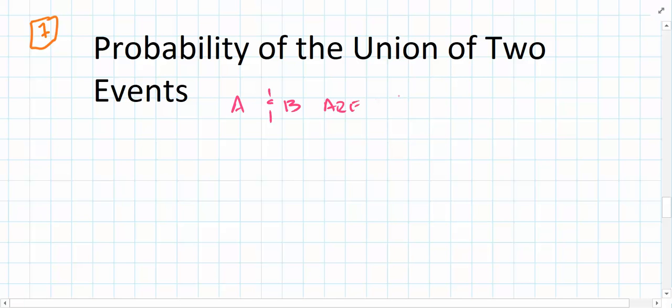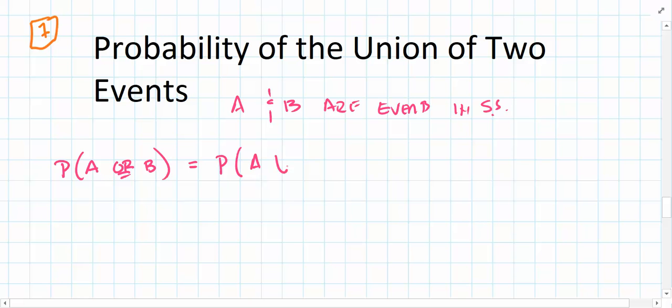So the probability of the union of events: let's say again that A and B are events in the sample space. Let's say the probability of getting A or B. The way that we say it is the probability of A union B. This part means A or B. When you see the little U, that means or.